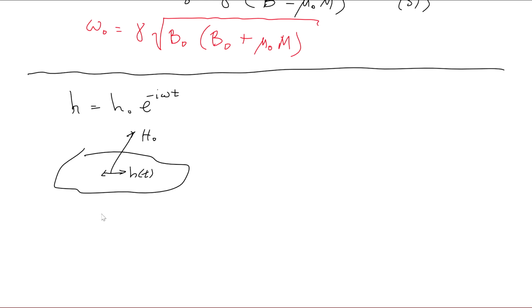And what it does is that your H naught aligns your magnetization along the field. So you basically magnetize your material along the field direction. But this field pushes the magnetic moment left and right. It applies torque, and you know that it's a cross product there. So the torque is m cross B, right? B has the same direction as H. So you magnetize it this way, but you are applying torque to this moment, and it starts wiggling left and right.